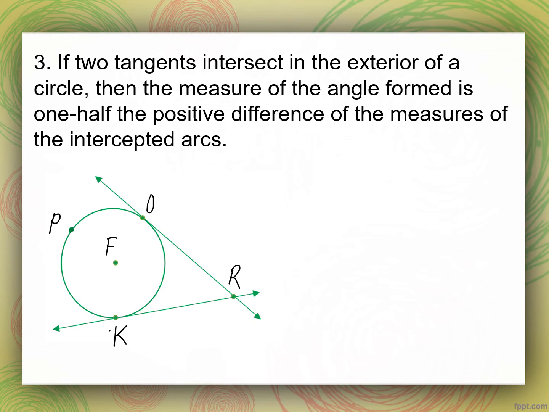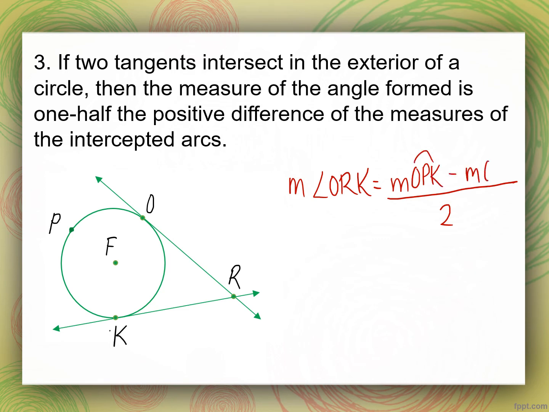So the measure of angle ORK is half the difference of the measures of the intercepted arcs: arc OPK minus arc OK.